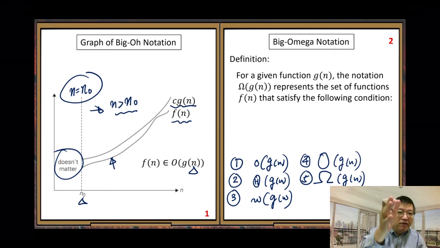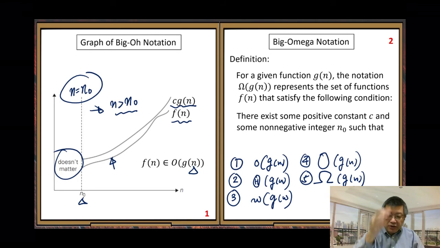All right, so look at the definition of big omega notation. For a given function g of n, the notation big omega of g of n represents the set of functions f of n that satisfy the following condition.